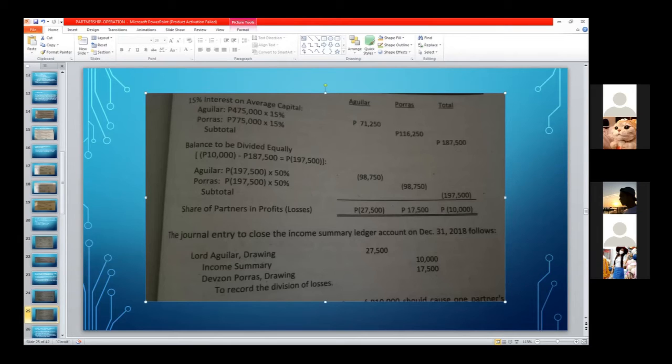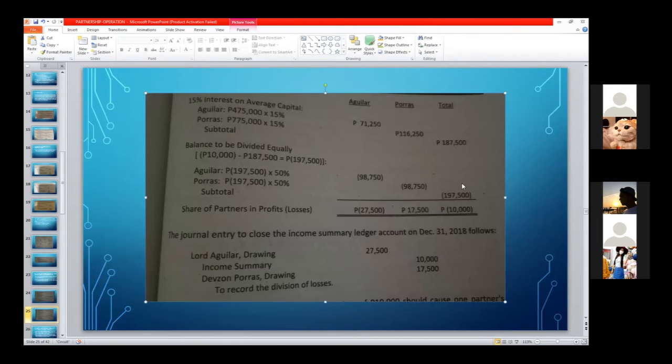O ngayon naman, pag i-distribute natin yung profit natin, anong magiging entry mo kapag dinistribute mo na yung profit? Kasi di ba mawawala na yung income summary? Sana siya debit or credit na? Credit po.